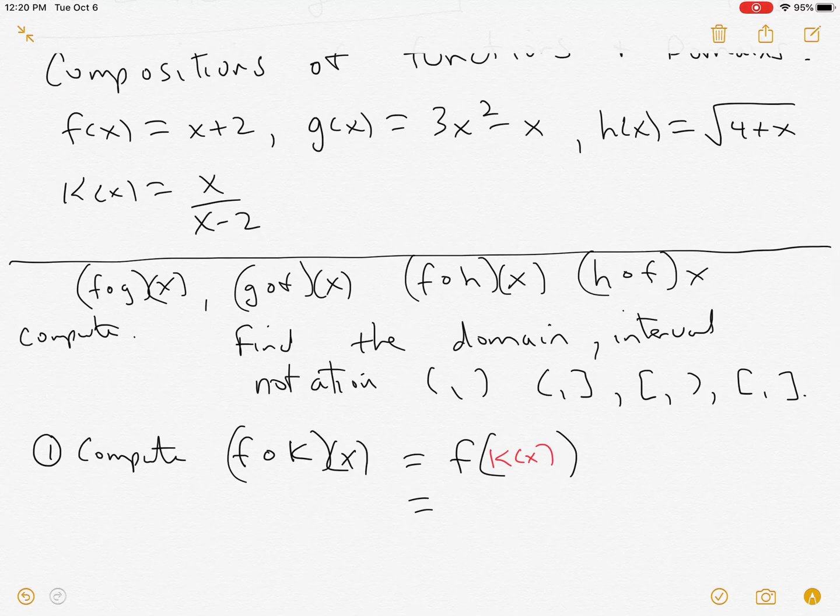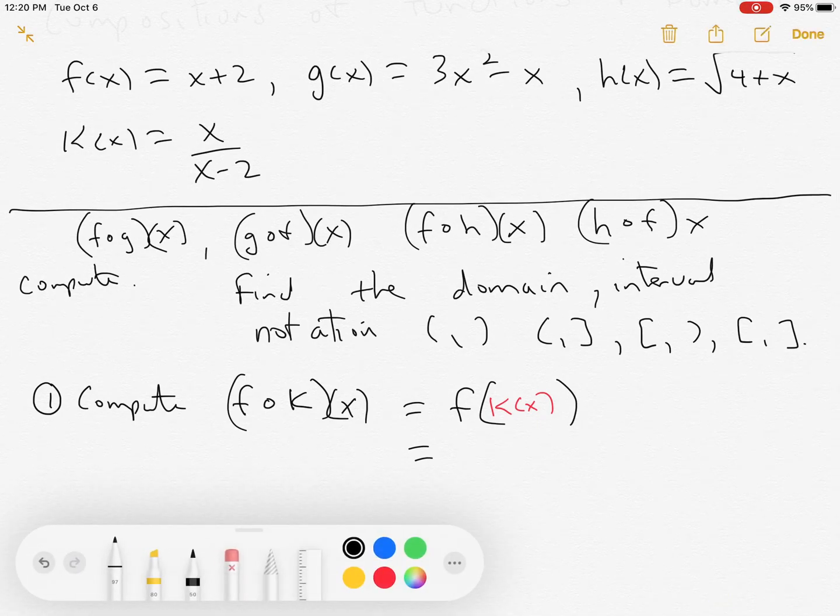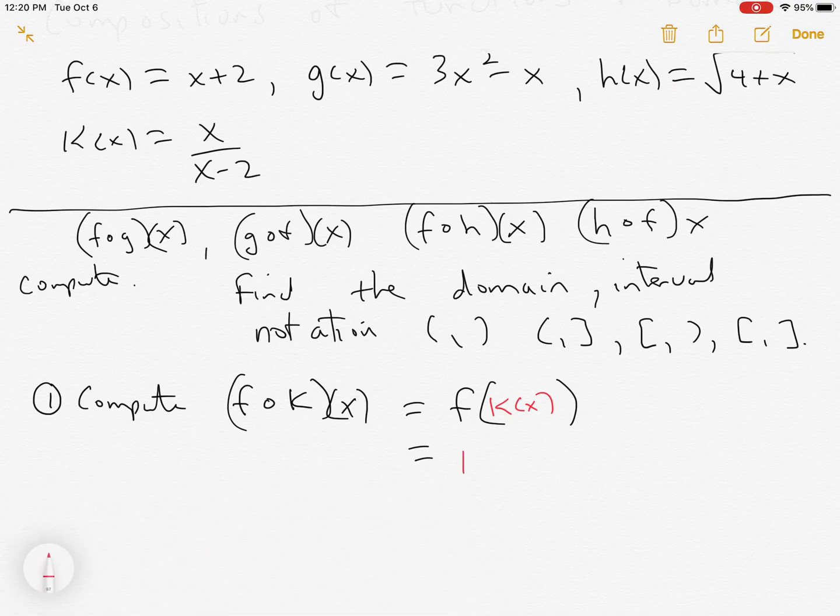And wherever you see an x in f of x, you replace it with k. So in this case, it's going to be k of x plus 2. So what I've done is I've put k here, and since f of x is x plus 2, f composed with k is k of x plus 2.